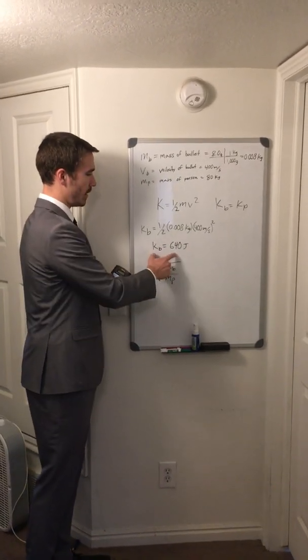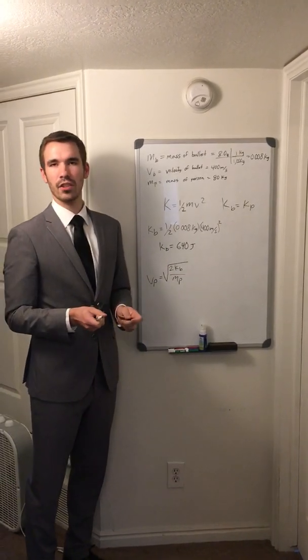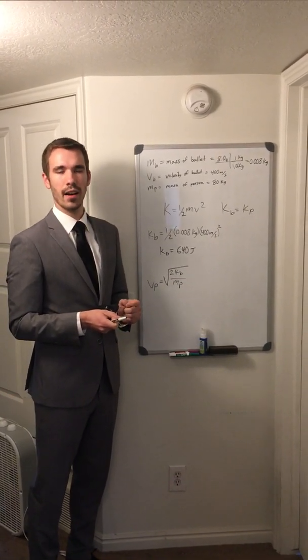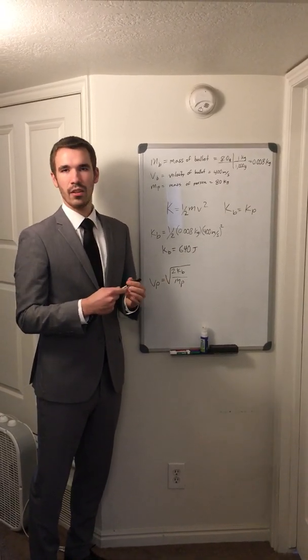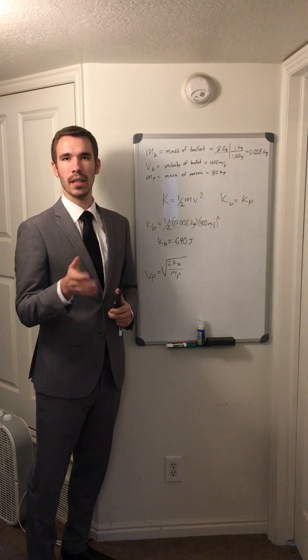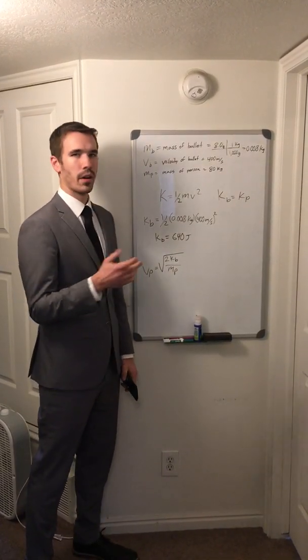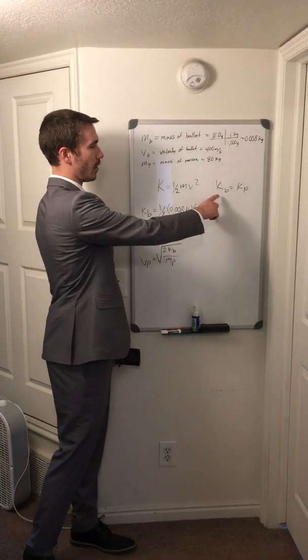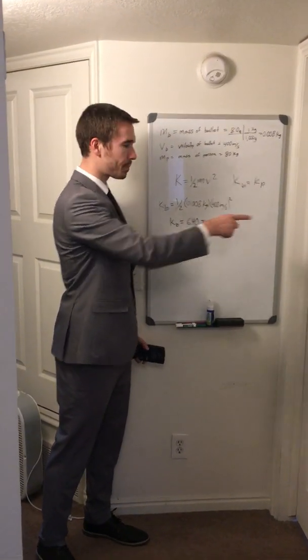Once we have the kinetic energy for the bullet, we can now solve for the speed of the man, because the problem says we want to find the speed at which they have the same kinetic energy. So what we want is that the kinetic energy of the bullet equals the kinetic energy of the person.